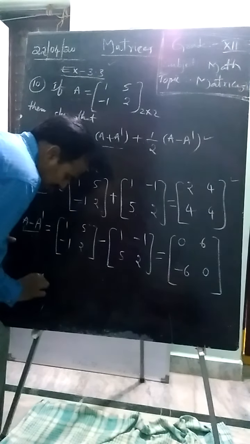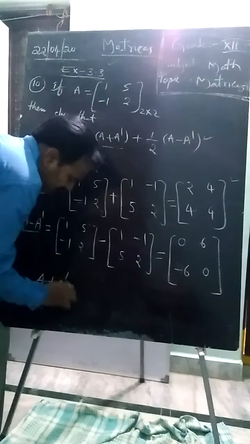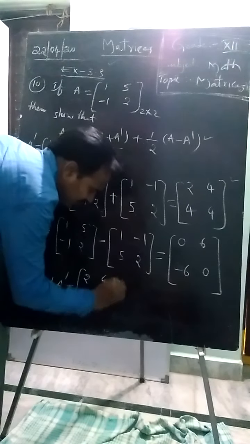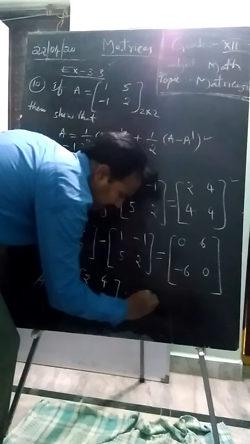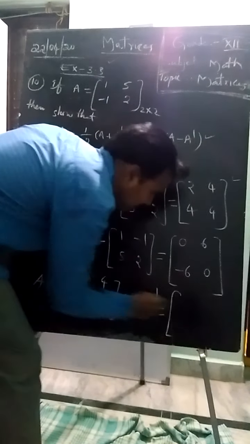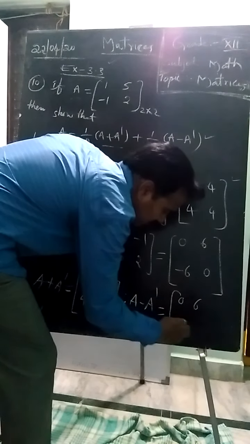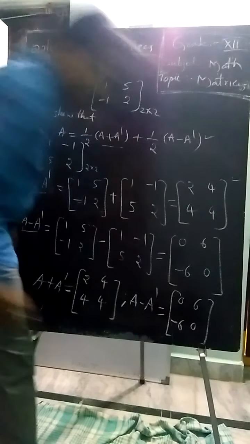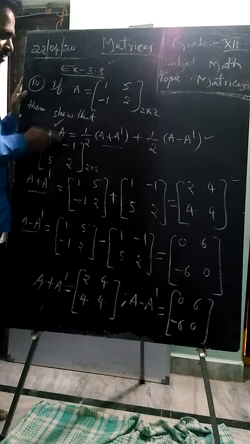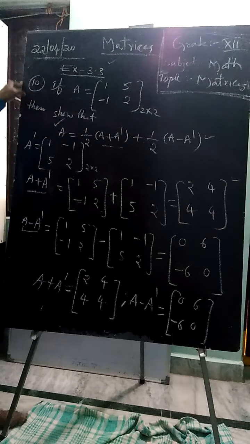A plus A transpose we got as 2 4 4 4, which is a square matrix and a symmetric matrix. The skew symmetric matrix we got like this, students. Then let us substitute here, and we should get matrix A, which is given; then it is verified. Of course it will be true.